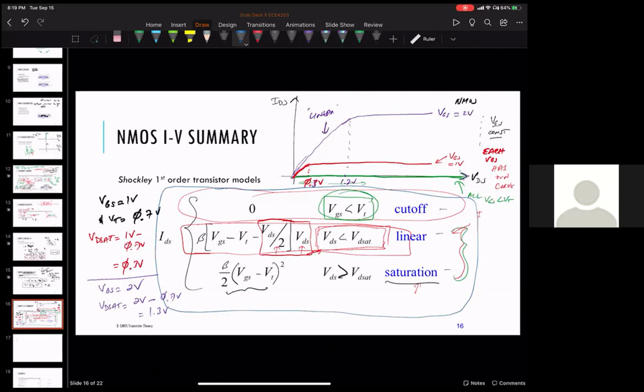Sure. Any other questions? With those curves that you have, for different values of VGS, when it's in the saturation region, which is the flat region, it has some sort of slope, right? It's not completely flat. Yeah, it has a slope.